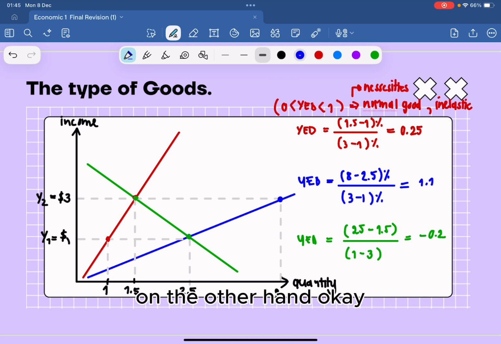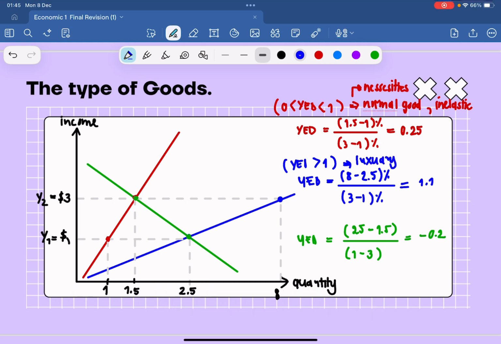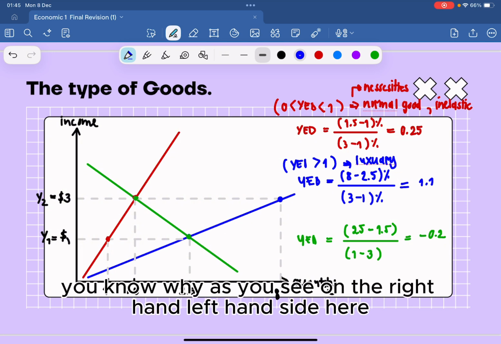On the other hand, okay, if your YED is way more than 1, this is what we consider as luxury. You know why?